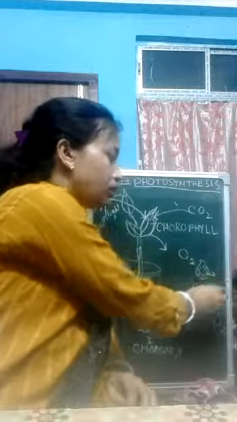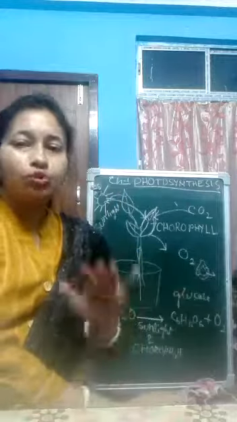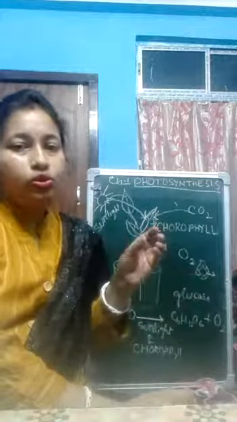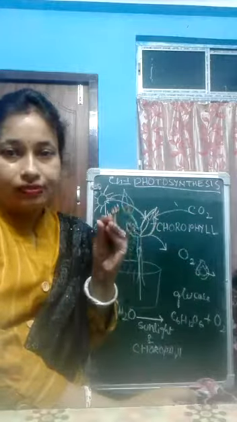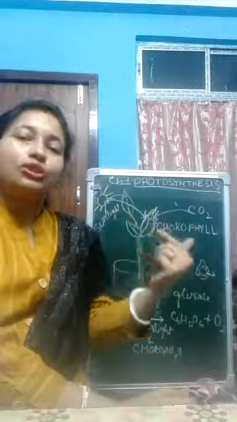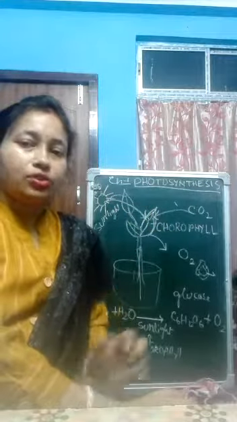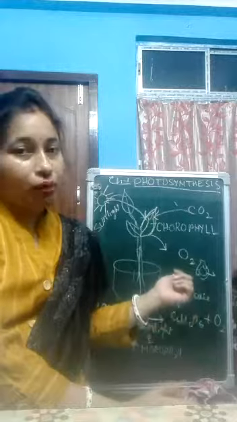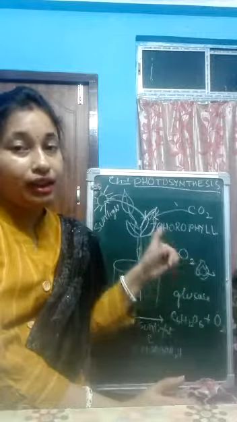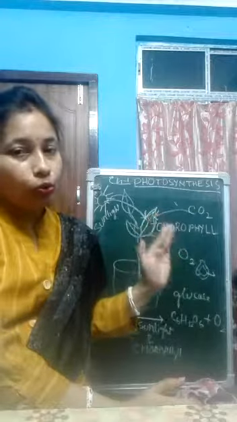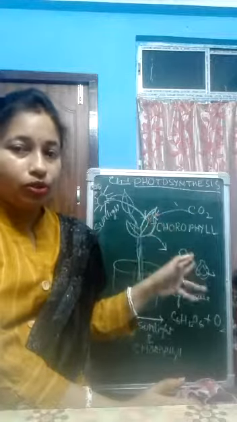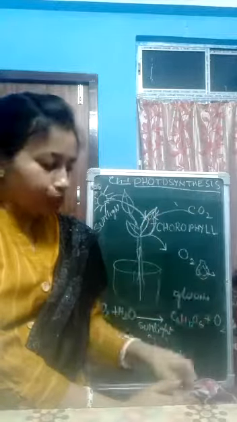The openings are guarded by guard cells. These guard cells help to open or close the pores. Through these pores only, exchange of gases takes place. So these guard cells are very important because they guard the opening, deciding when to open and when to close the stomata.